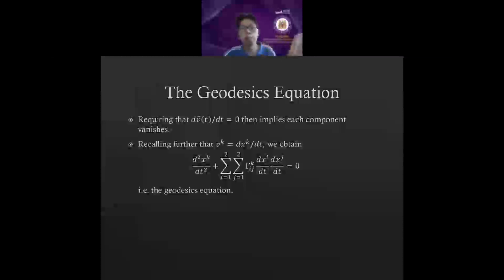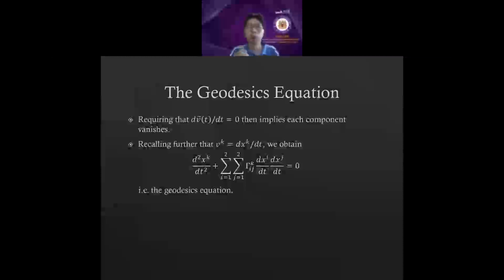So what do we mean by moving vectors parallelly in curved spacetime? We need to talk about that first, and then only we can talk about what we mean by straight lines. Straight lines are paths in such a way that the rate of change of the tangent vector is proportional to the tangent vector itself.